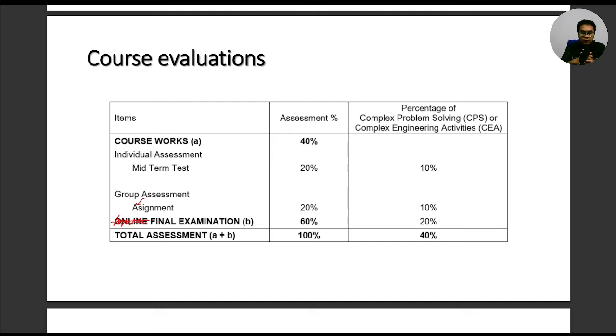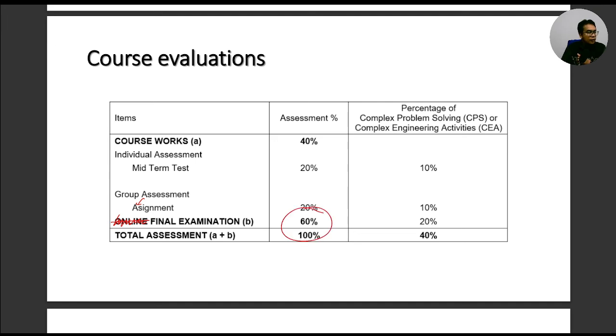So the final exam has a huge portion of the marks, 3 out of 5, while 2/5 comes from the midterm and group assessment. So be careful about this marks portion.